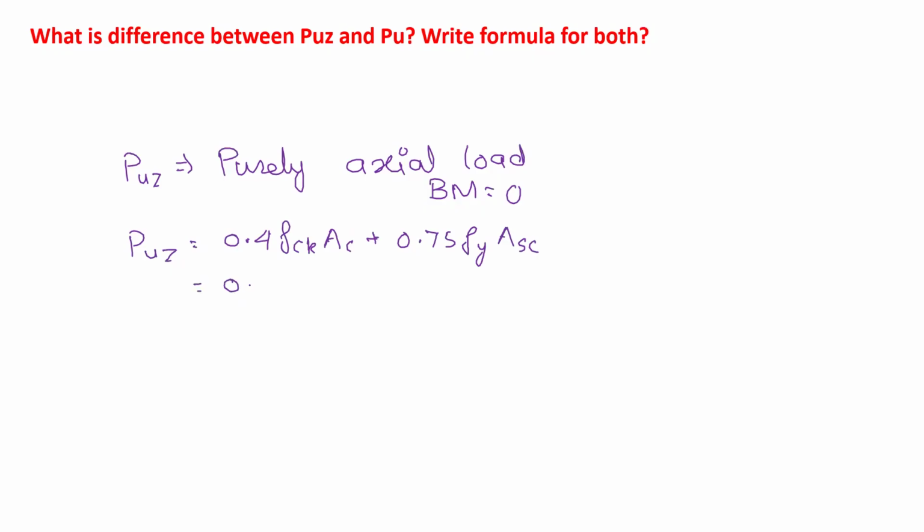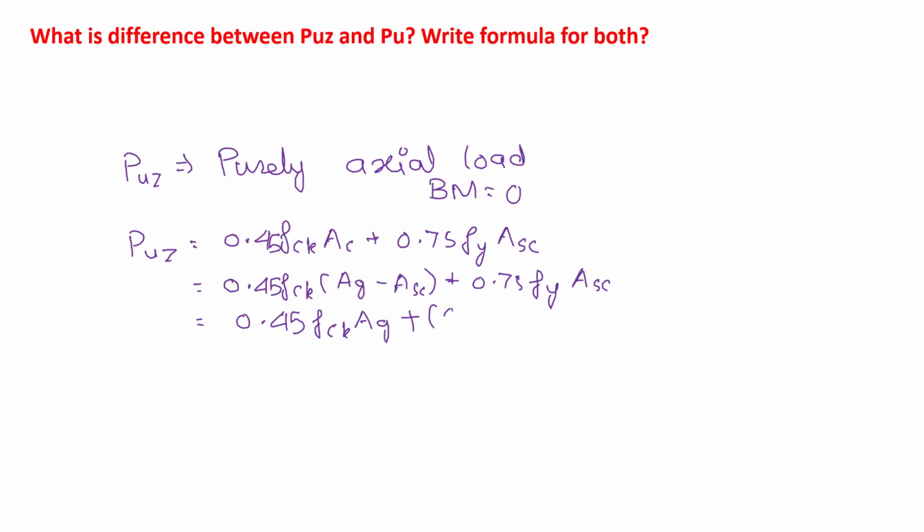We can modify this: Ac is Ag minus Asc, so 0.45 fck (Ag minus Asc) plus 0.75 fy Asc, where Ag is the gross cross-sectional area. Taking Asc common, we get this formula. So this is for purely axial load.